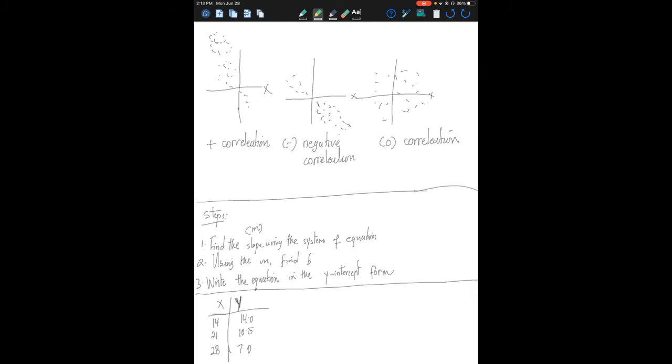We're given the x and the y values, and we are asked to graph and find the equation from the given values in the table. So let's see, let me just write down the coordinates.